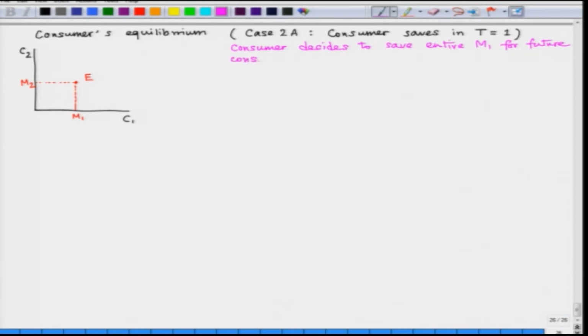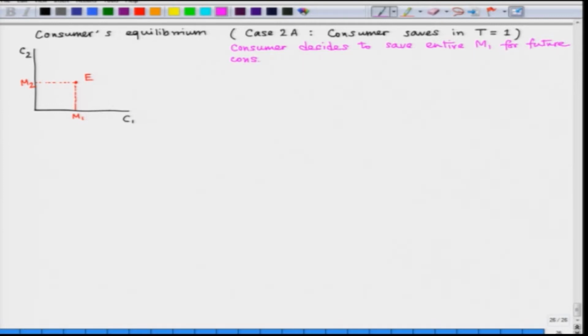Because when we are drawing the budget constraint, we have to find the extreme points. The extreme point along the vertical axis, or future consumption axis, will come not only from the endowment that he or she has for that period, but also from how much interest plus principal he or she will gain from period 1's saving. So, that is the amount that we have seen earlier.